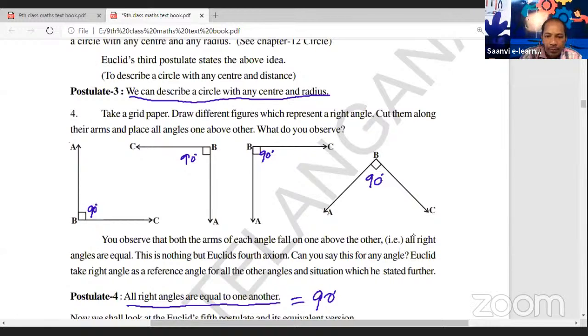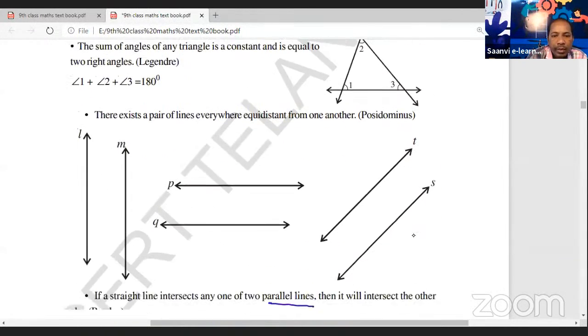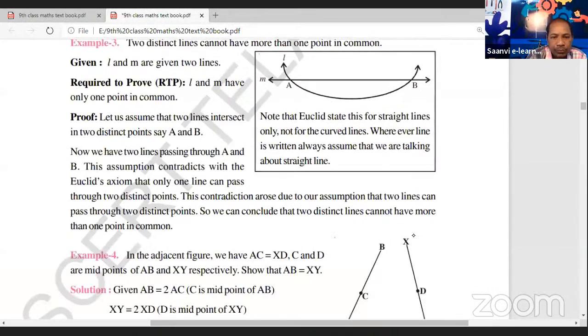If we draw like this ABC, if we measure at B, we get 90 degrees only. So from this, we can say that all right angles are equal. Okay. So the given statement is true, right?